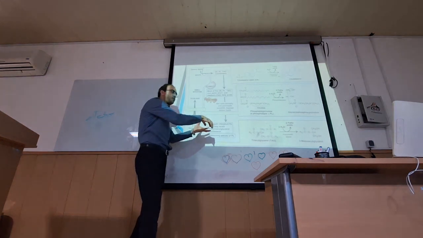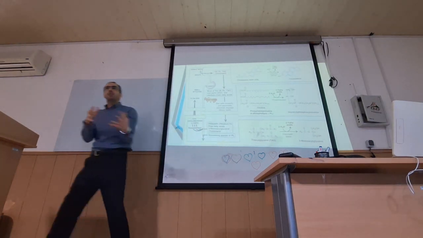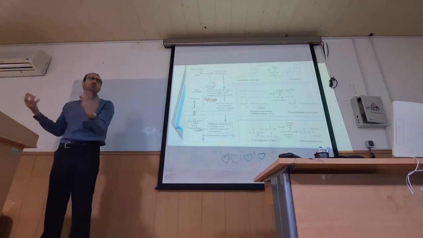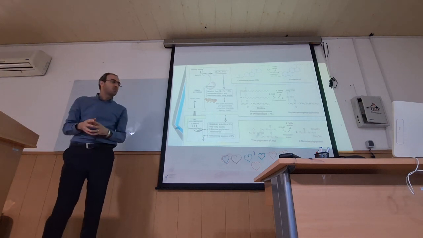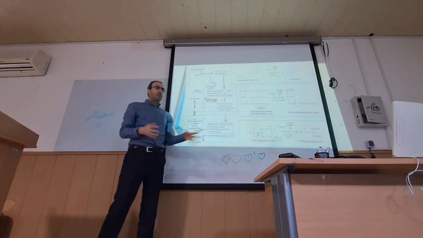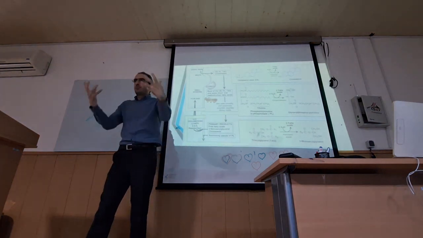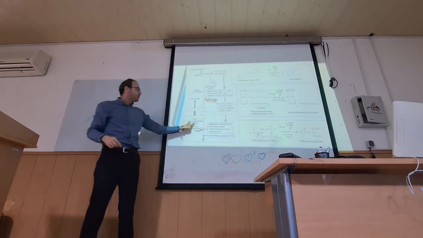So again, in the intestine lumen, they are transported to the enterocyte, the intestine cells. In the intestine cells, again we have to reassemble them and produce what?